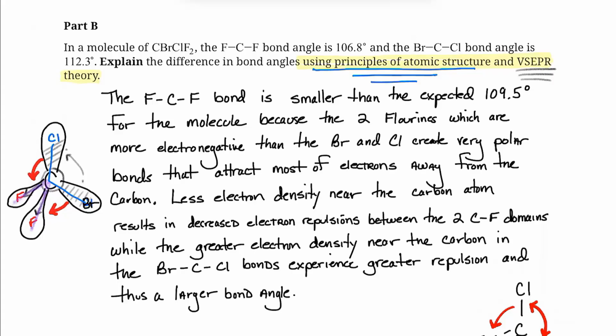What it does is it lowers the electron density in the region near the carbon. Notice how I drew the orbitals, the sigma bonds, I should really say, right here and here. Look how skinny I have them near the carbon. That's because fluorine basically pulled the electron density away from the carbon and created these skinny areas.